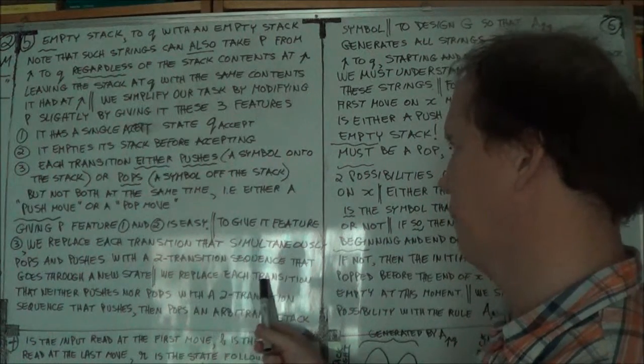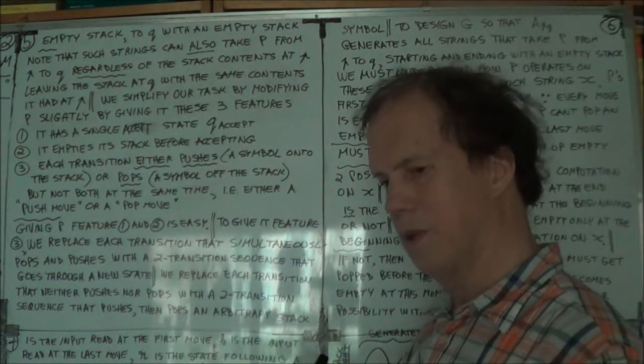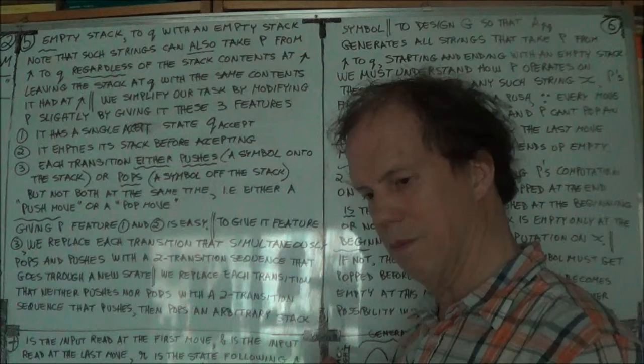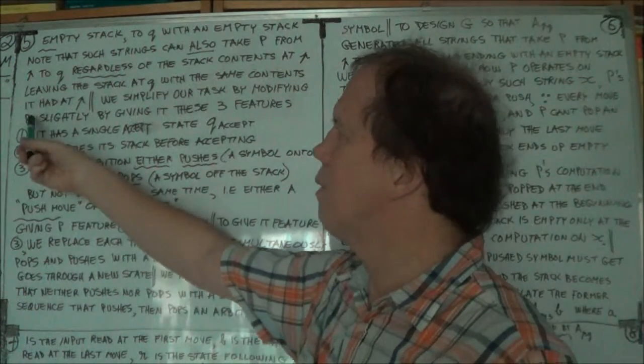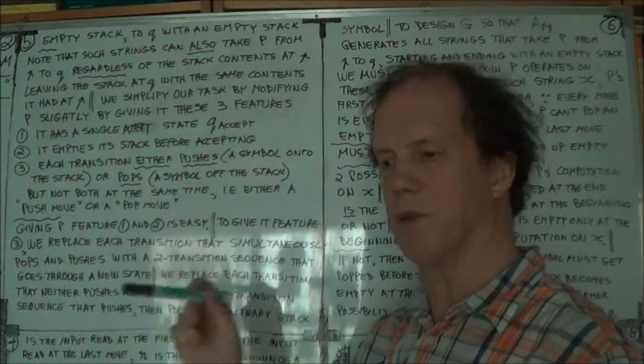So now, if you have a transition that neither pushes nor pops, doesn't do anything, you can model that as well with this modified P that can only either push or pop.